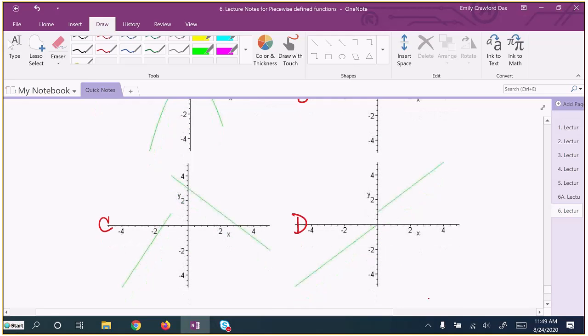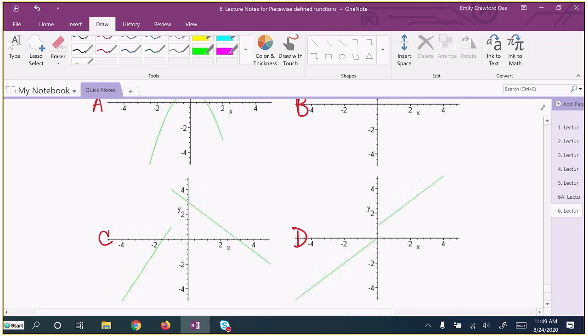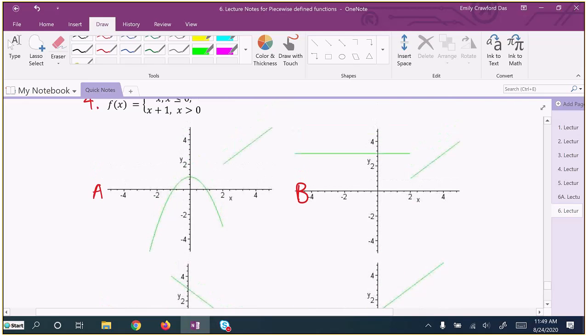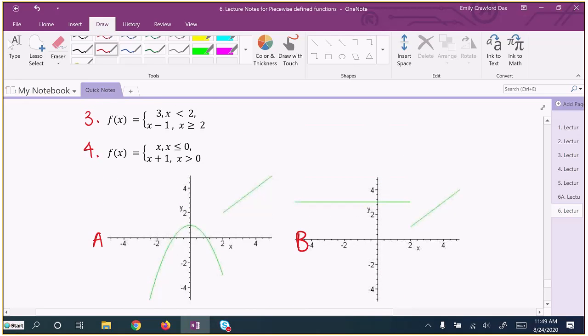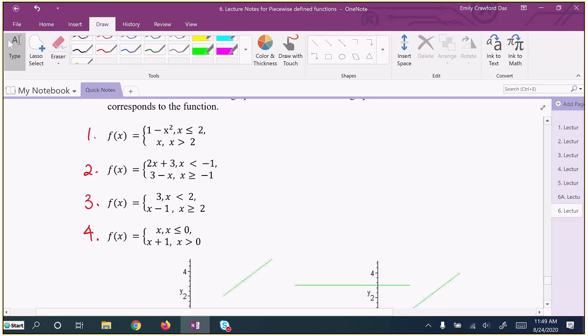I can look at the pictures and see all of them involve straight lines, but only graph A also involves a parabola. So if I look back at my choices, I also noticed that only the first function involves x squared, so this must be my graph A.